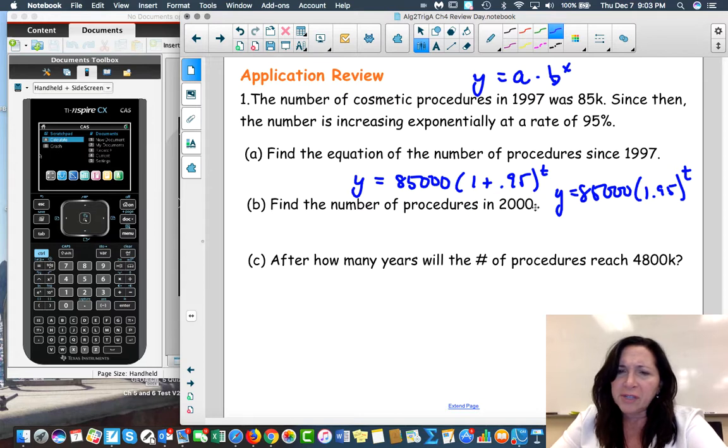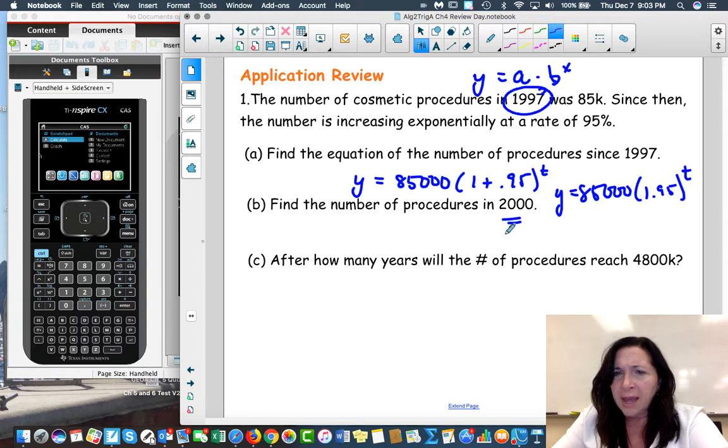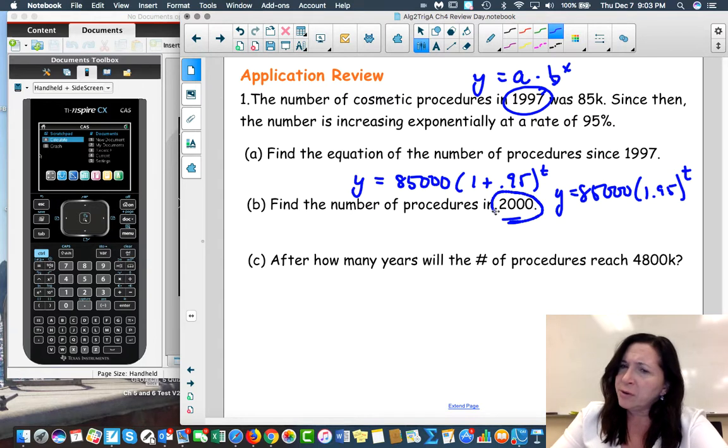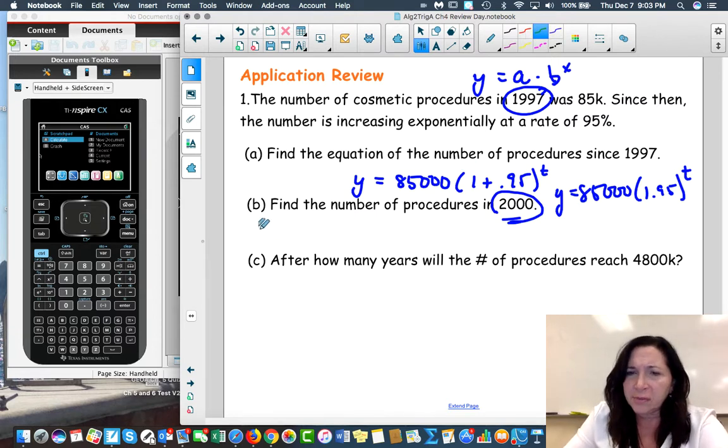Find the procedures in 2000. So here's the thing. You are starting off at 1997, and now they're asking you to find the procedures in year 2000. That's only 3 years away. So you're not using 1997, you're not using 2000, you're using 3, because in this case, this is 3 years from now.